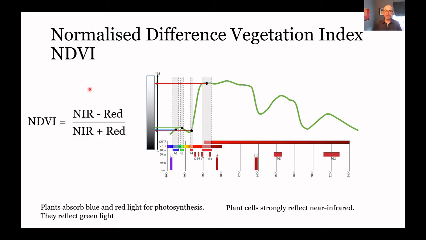So if we look at that combination and try to work out some measure of how big this difference is, we could, for example, just look at the absolute difference, and say how much bigger is this than this in terms of just subtracting one from the other. The problem with doing that is that in varying light conditions, we will get different measurements.